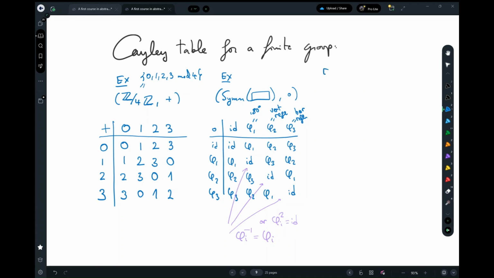Let me do a third example of a Cayley table, which is Z modulo 2 cross Z modulo 2 under addition. What are these? These are pairs of numbers, a modulo 2, comma, b modulo 2, under addition, where the addition is component-wise.